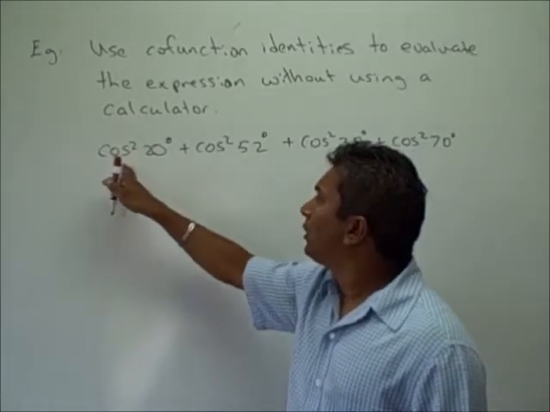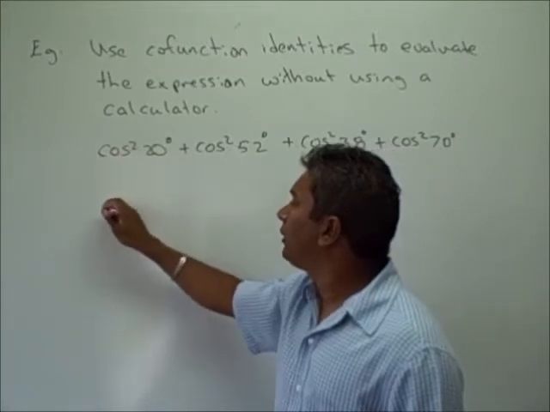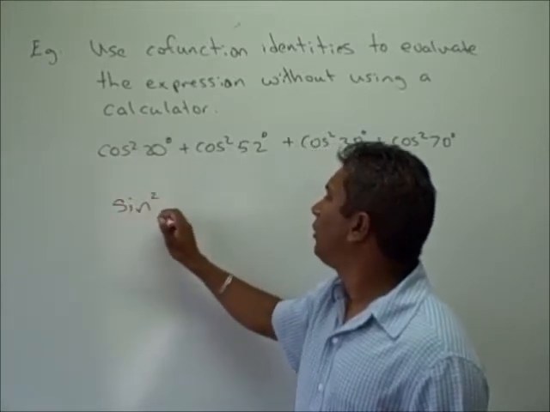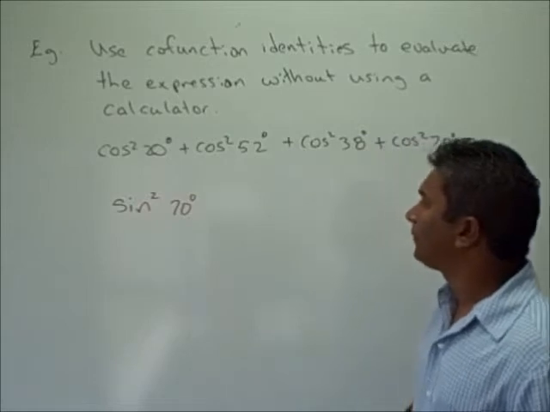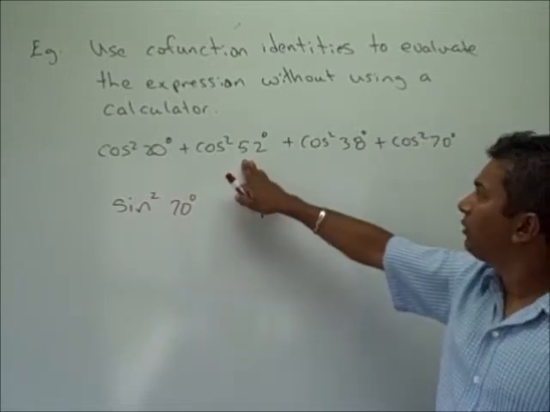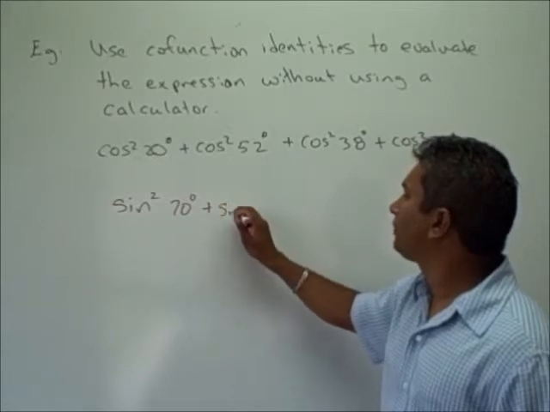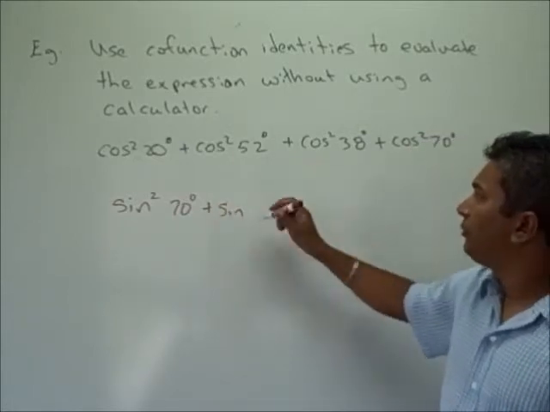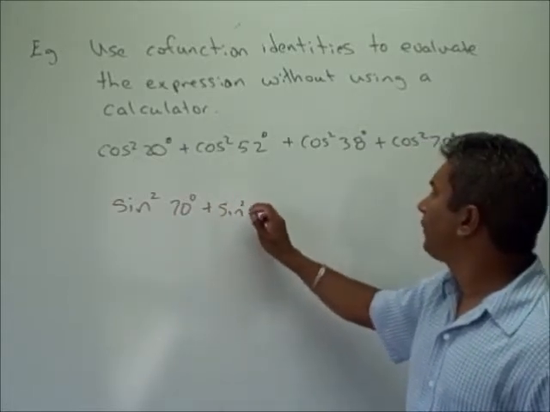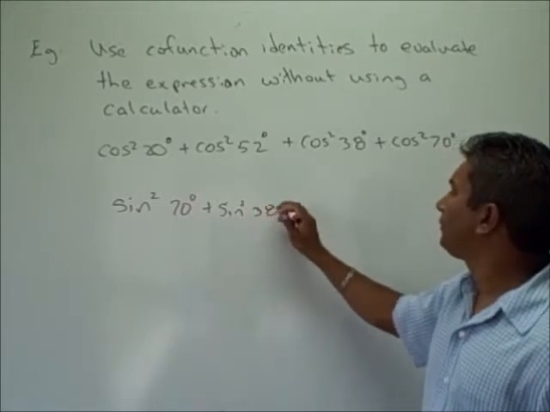So cosine of 20 is the equivalent of sine of 70 degrees. Similarly, the cosine of 52 degrees would be equal to the sine of 90 minus 52, which would be 38 degrees.